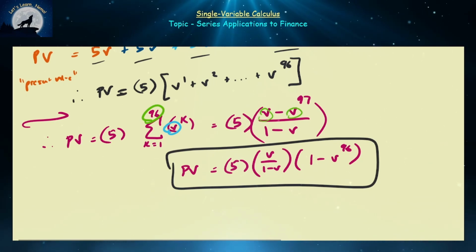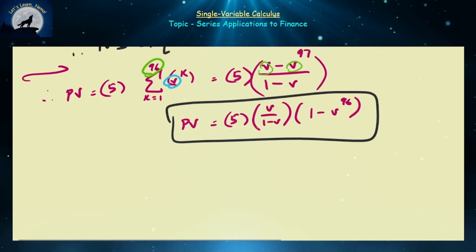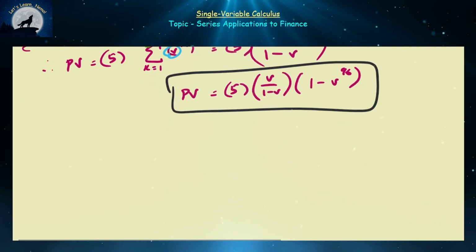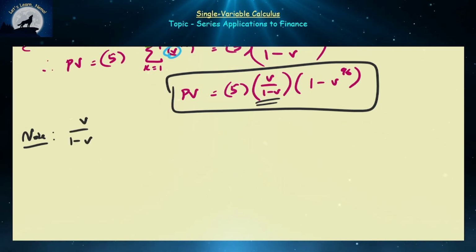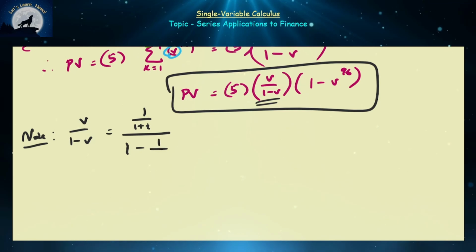Now, before I introduce an interest rate and actually get a numerical or monetary value for this present value, I just want to notice something very neat. This constant, nu over 1 minus nu, can be simplified quite nicely because, remember, nu is 1 over alpha and alpha is 1 plus i. So this is 1 over 1 plus i all over 1 minus 1 over 1 plus i. Then I can get a common denominator by multiplying top and bottom by 1 plus i.